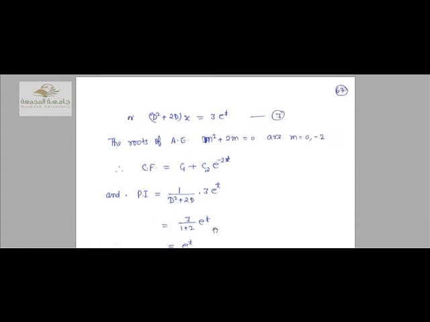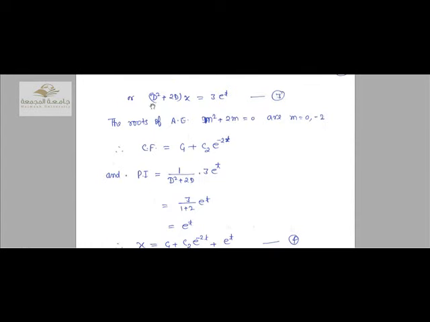So x will be cancelled and we get (D² + 2D)x = 3e^t, equation 3.